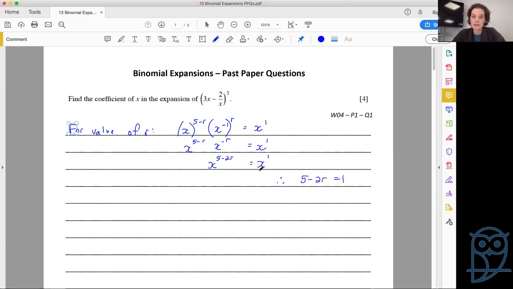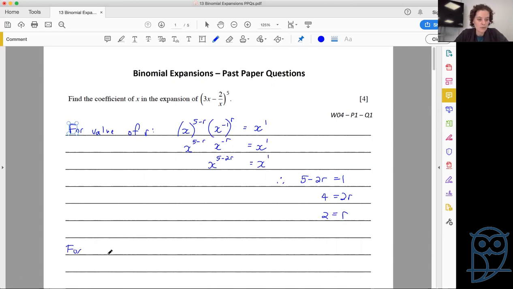If our bases are equal, our exponents must be equal. But we indicate that we're changing from one equation to another. So 2r equals 4 and r equals 2. Now we know what our r value is for our nCr, so we can go ahead and actually calculate that x term.